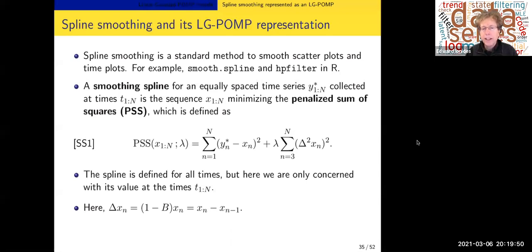And SS3 is a Gaussian measurement error model. And the reason I put the x_{n-1}, x_{n-2} on the right in SS2 is to make it look like a natural way to write an AR2 model.